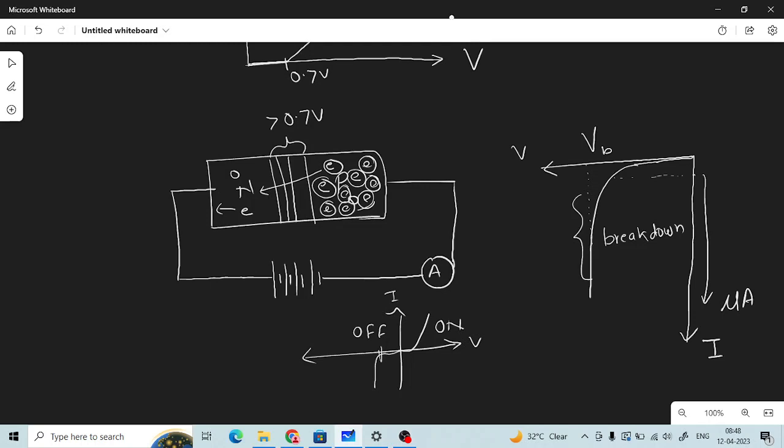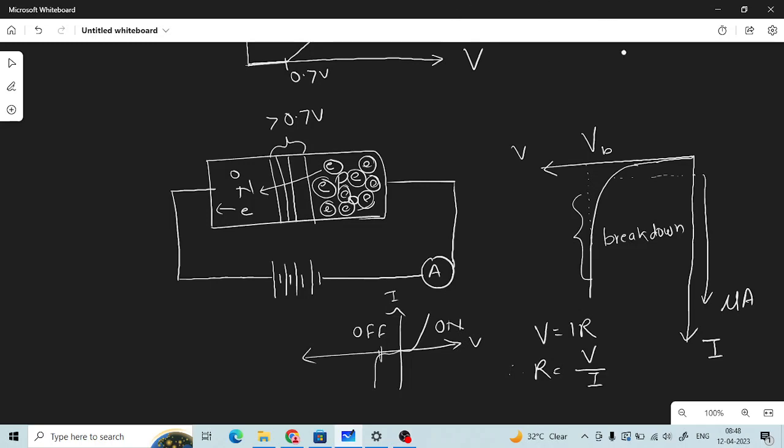Of course, depending upon these regions, we get the resistance offered by the diode. Obviously, resistance in reverse bias will be very high, because we know V is equal to IR, and therefore R will be equal to V by I. Now here the voltage is very high, but the current is very less, and therefore the R value will be very high.